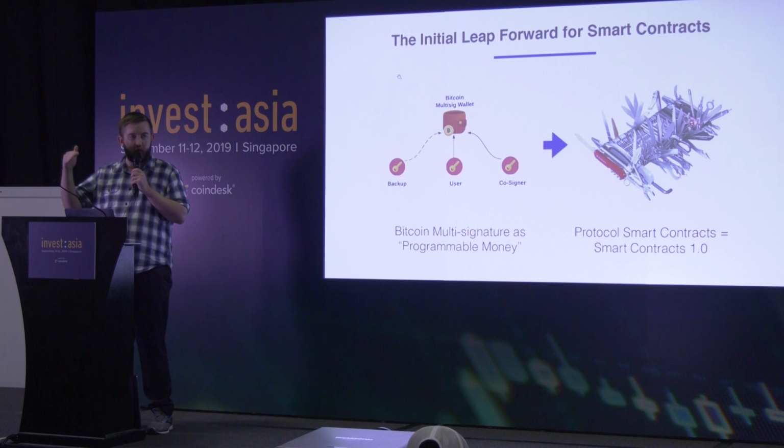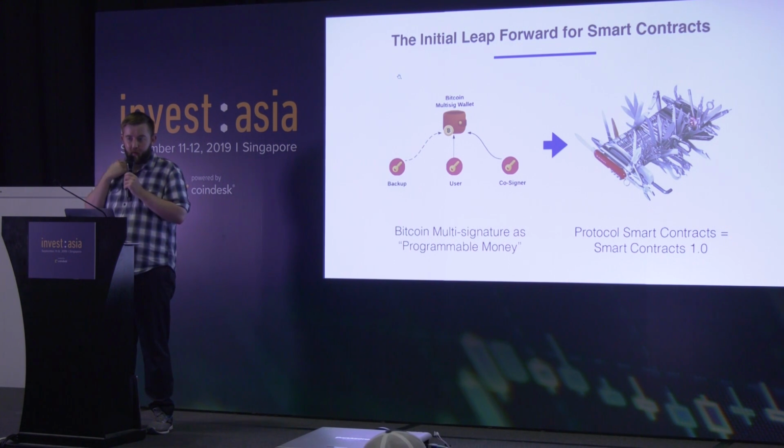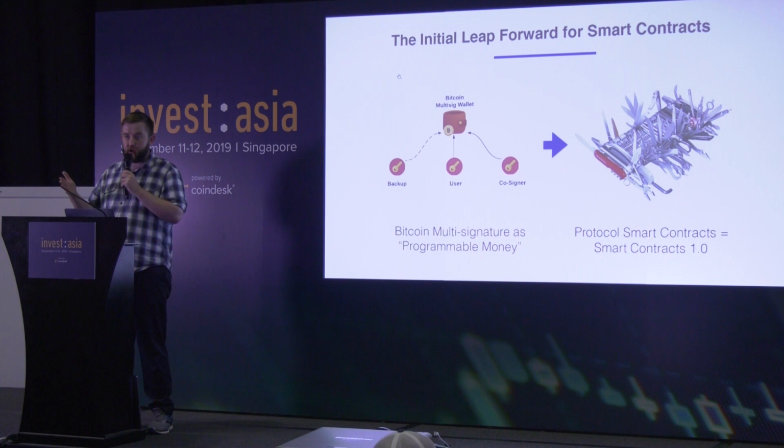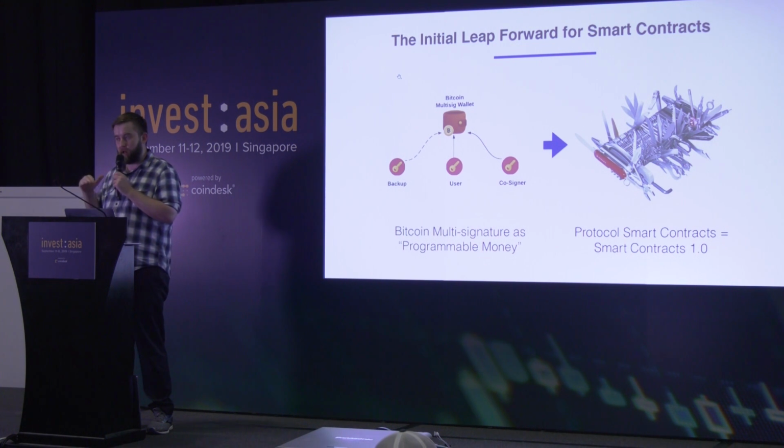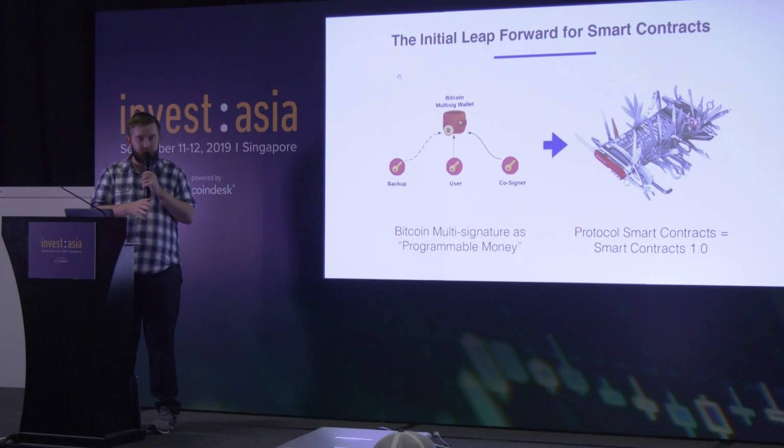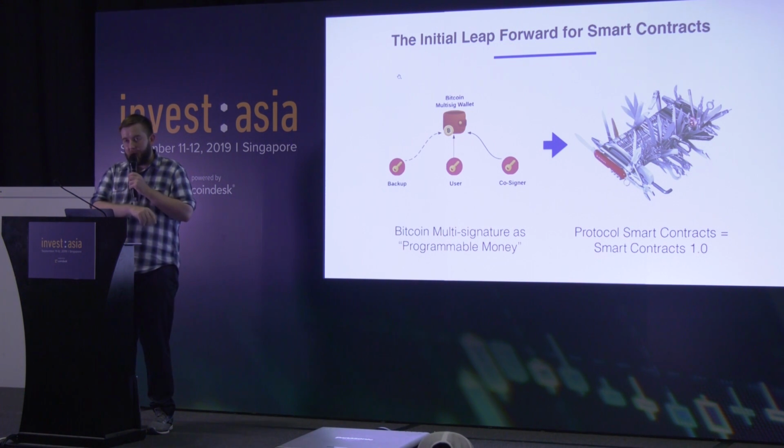You see a big shift in the value that people are able to deliver within our space. The first shift was in around 2013 or 2014, where you went from building on Bitcoin multi-signature as the only smart contract type to protocol contracts, where you had to spend 3 to 6 months talking to protocol developers to add your contract.